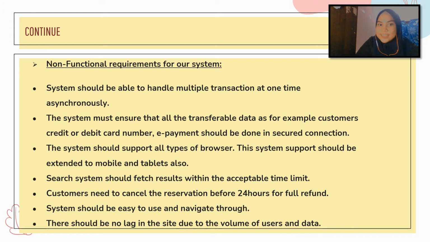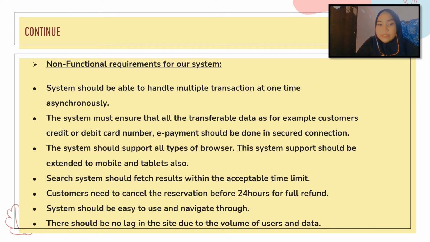Next, the system must ensure that all the transferable data, as for example, customers' credit or debit card number, e-payment, should be done in secure connection. Other than that, the system should support all types of browser. This system support should be extended to mobile and tablets also.